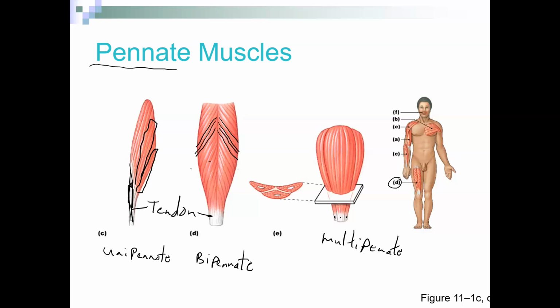Now the multipennate muscle, because it has multiple parts, can actually help to pull in multiple directions, right? But this muscle is also pretty strong. We find this one here in E, and that is the deltoid muscle.